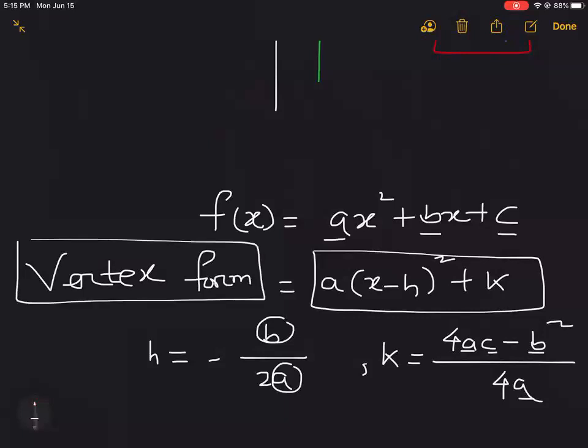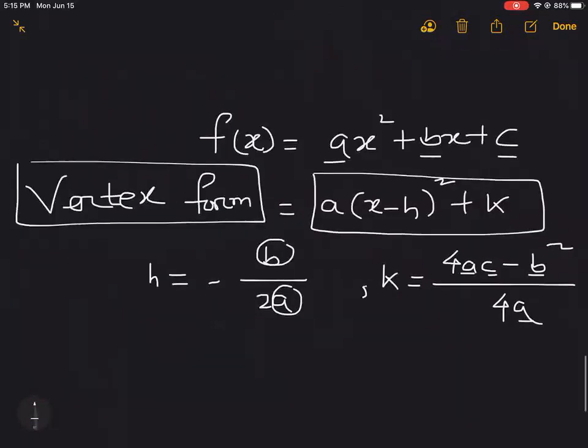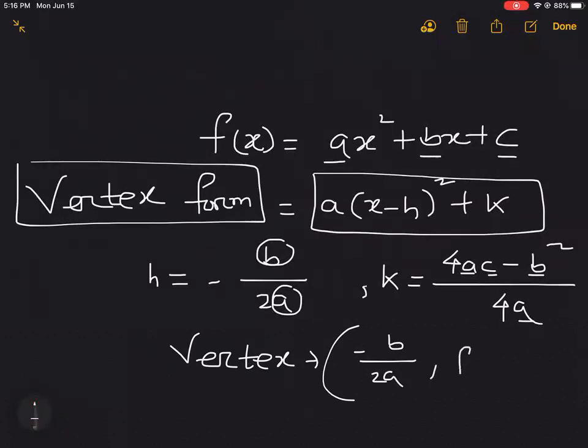If we know this format, from this we can actually say what's our axis of symmetry and what is the vertex. If we have this format, we can straight away say my vertex is of course negative b over 2a and the functional value there.